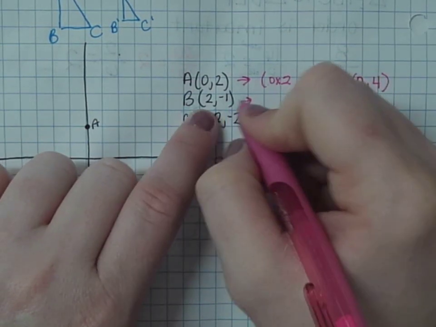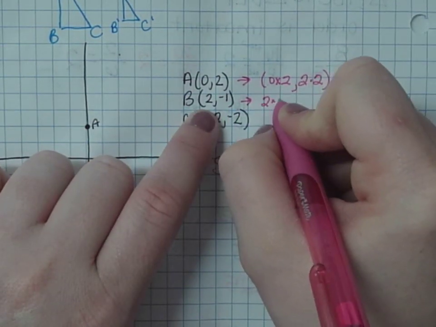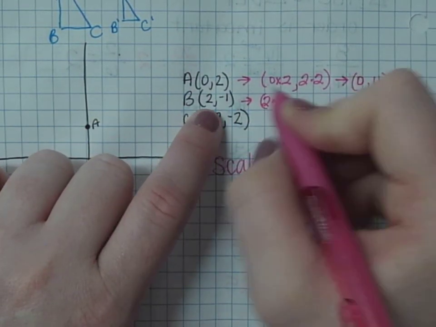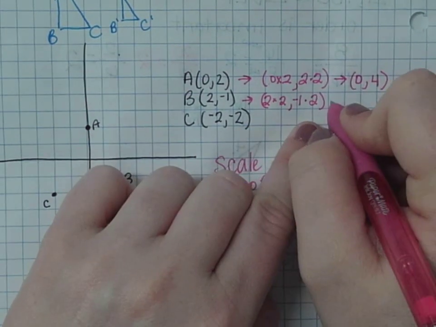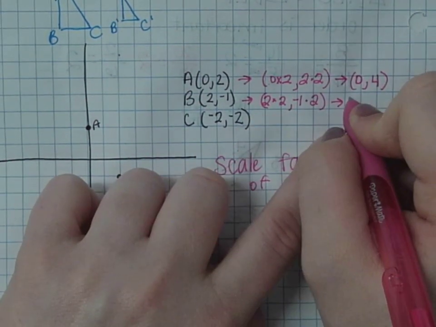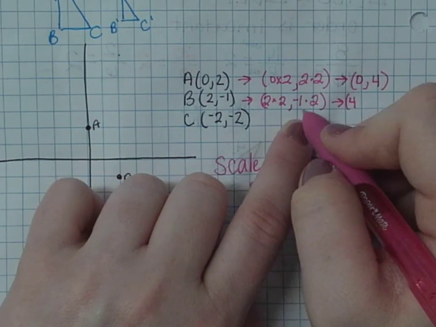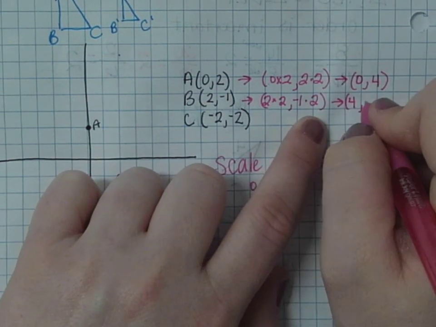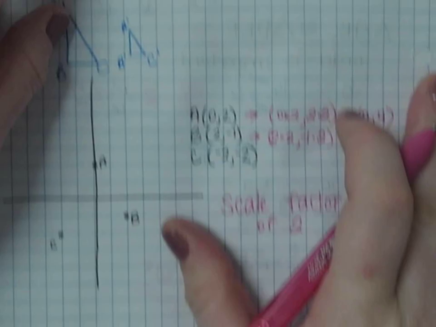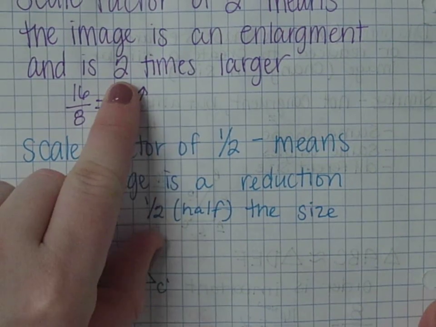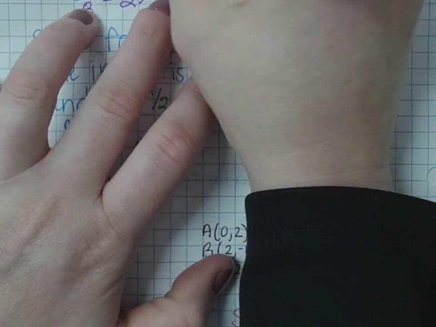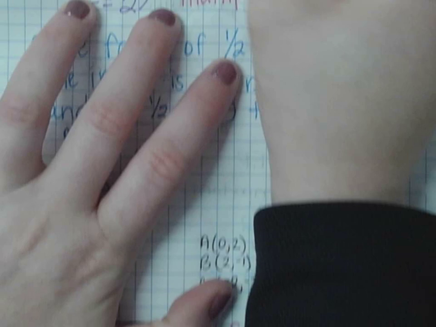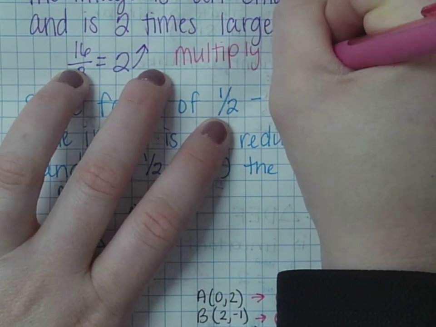Then I'm going to do the same thing. 2 times 2 and -1 times 2. 2 times 2 is 4. Negative 1 times 2 would be negative 2. So remember up here, it's 2 times larger, so you're going to multiply by 2.